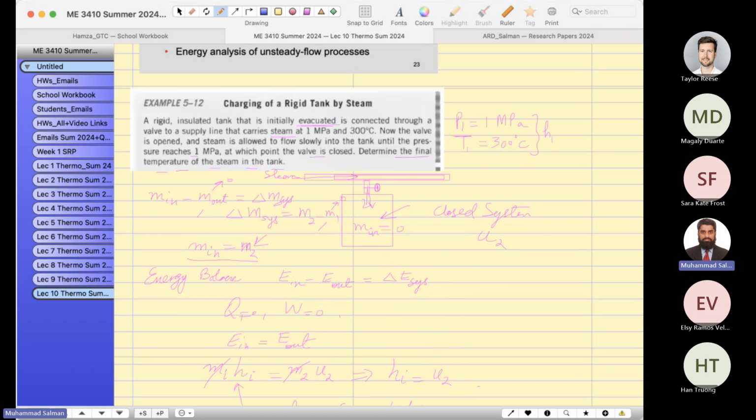So let me open the steam table or the water table, I would say the pressure table is good. 1 megapascal, which is 1000 kilopascal. At 1000 kilopascal, yes. So let me show you at 1000 kilopascal.